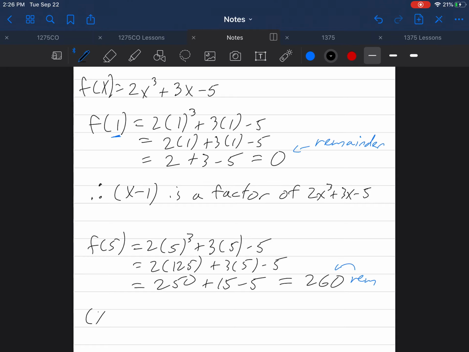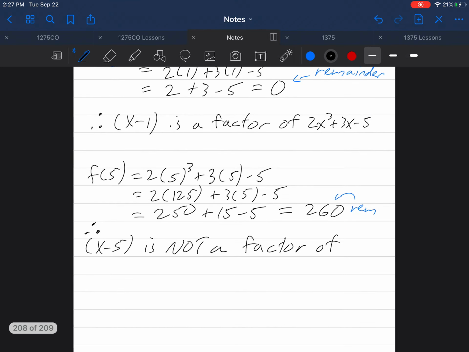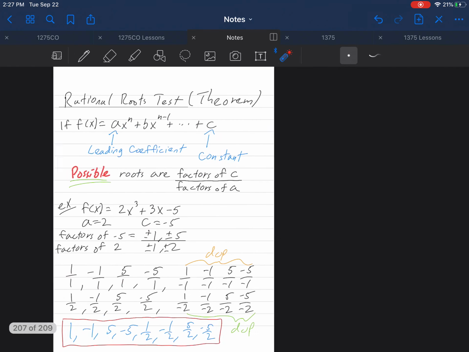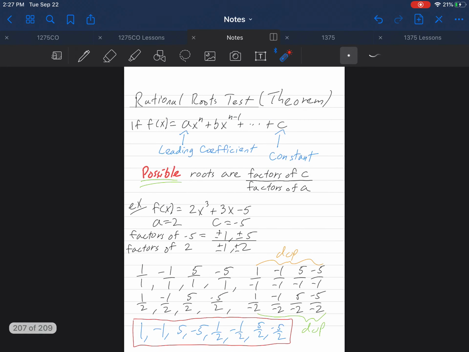So that means this binomial, x minus 5, is not a factor of 2x to the third plus 3x minus 5. Now, again, this rational root test does not tell you definitively that these are the roots.